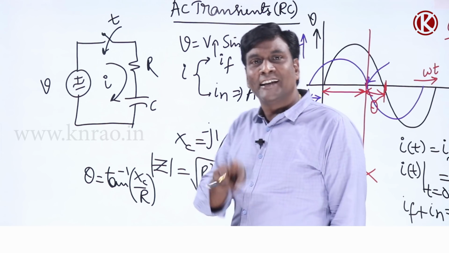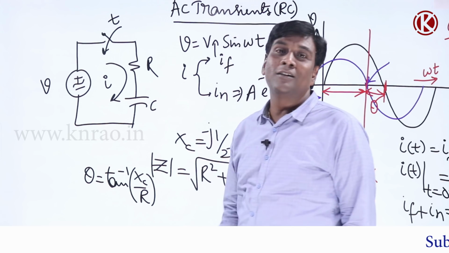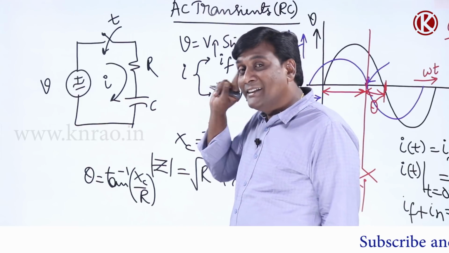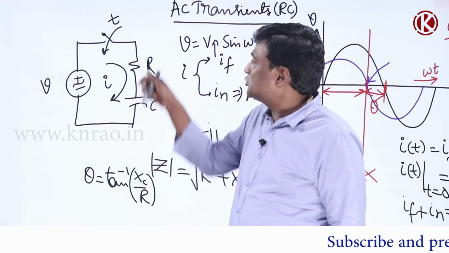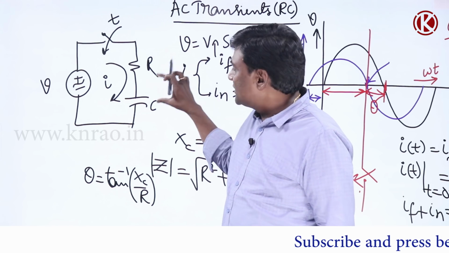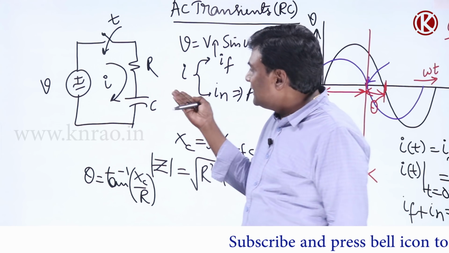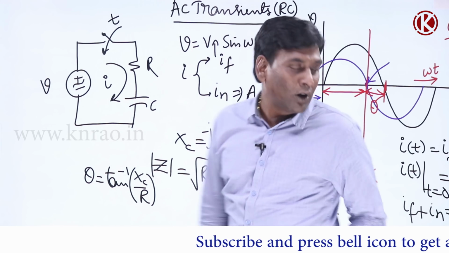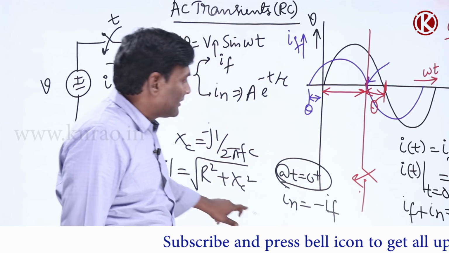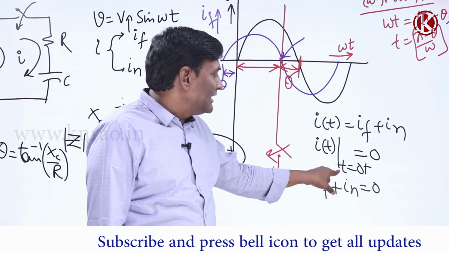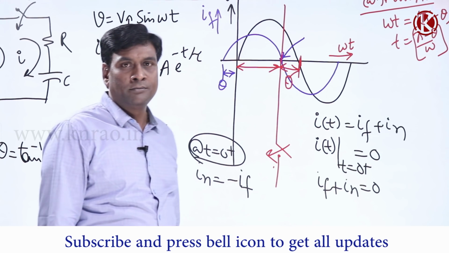In capacitance, current can change instantaneously, but voltage cannot change instantaneously. So with respect to voltage, from 0 minus to 0 plus, the voltage across capacitance cannot be changed instantaneously. But here in capacitance, current can be changed. So under that condition, how can I apply i(t) equals forced plus natural? That is fine. But at t equal to 0 plus, how can I write 0?